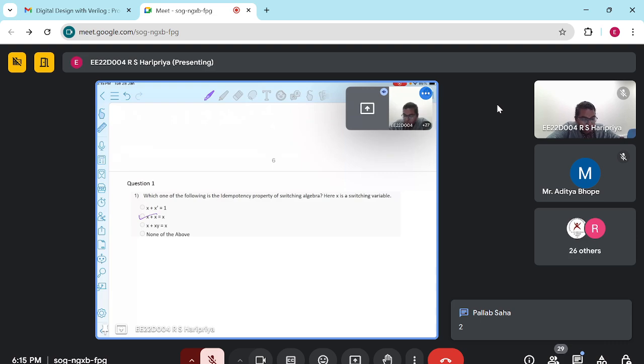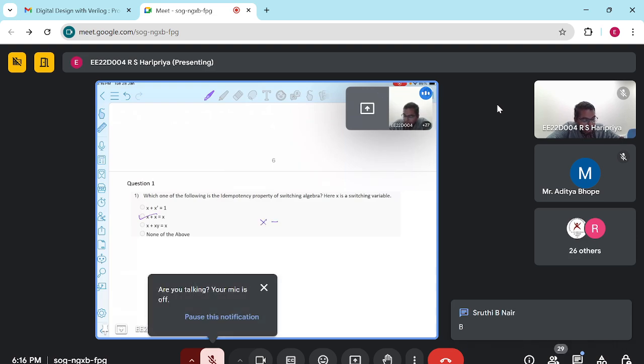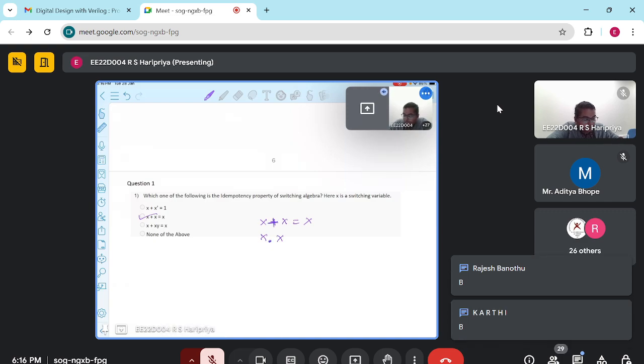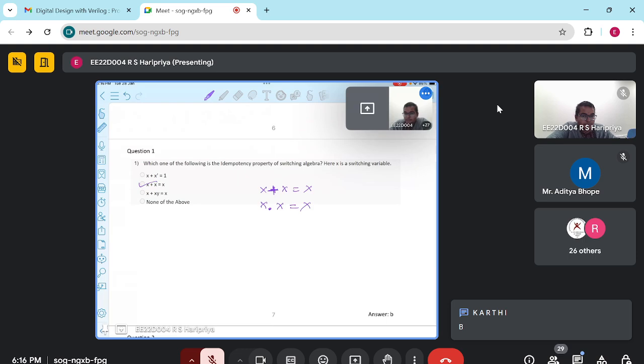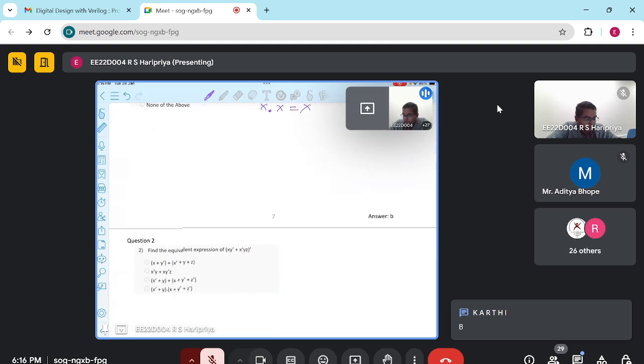Yes, it is true. A variable remains unchanged when it is ANDed with the same variable, or ORed with the same variable. Okay, going to the next question.